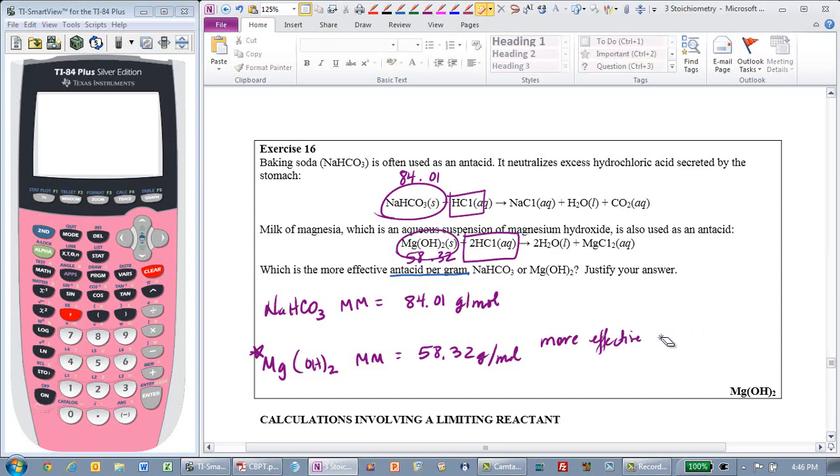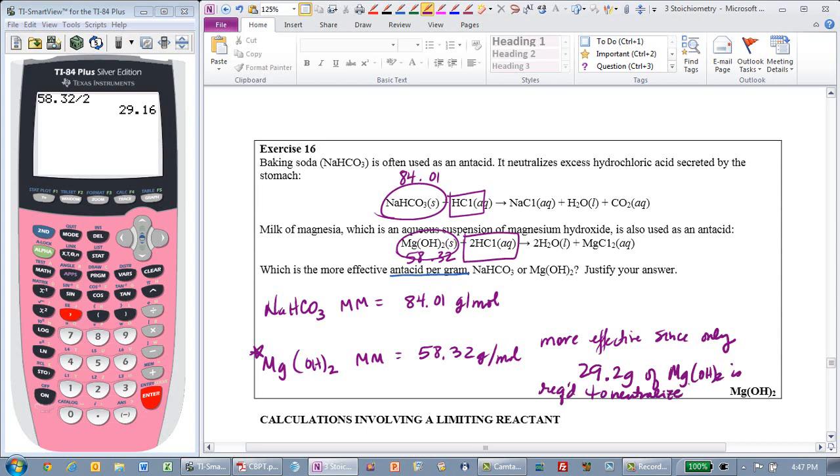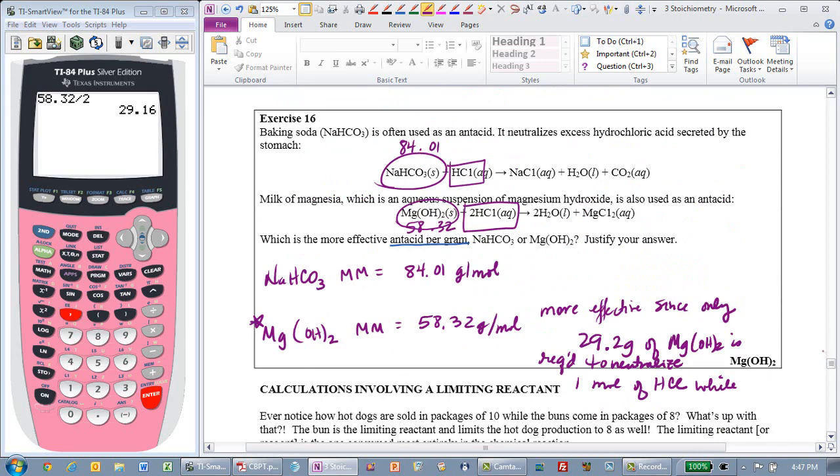Since only 58.32 divided by 2, it's 29-ish, only 29.2 grams of Mg(OH)2 is required to neutralize 1 mole of HCl, while 84.1 grams of, oh, the other one, sorry, of sodium bicarbonate, NaHCO3, is required.